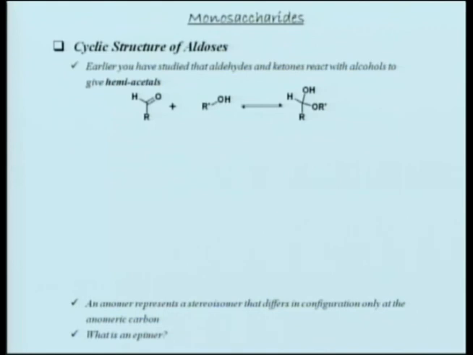You know what that structure is? Back in your first organic chemistry course, you would have had something like that. That is a carbon with an R group, bearing an OH and an OR.